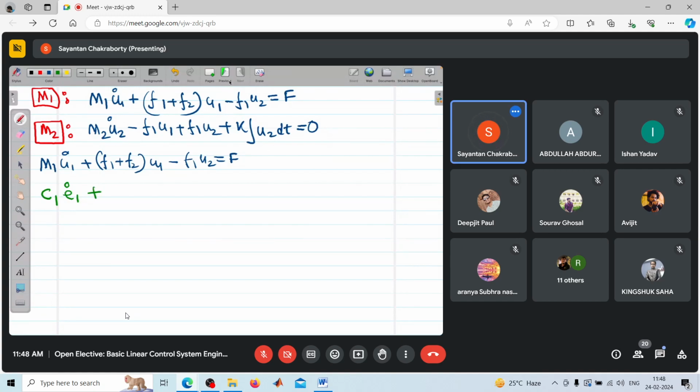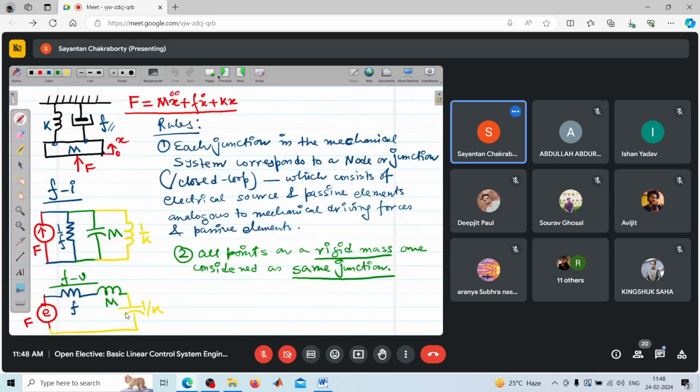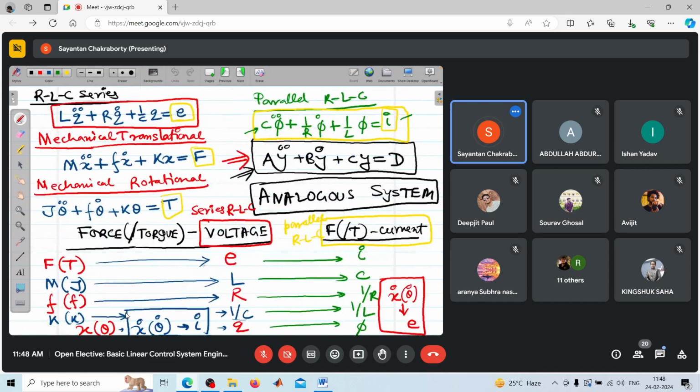Theta dot or x dot, whatever we say, that is U or omega, is replaced by E. Fine. Now the F1 or F is replaced by 1 by R, right? That is the only thing that we have.